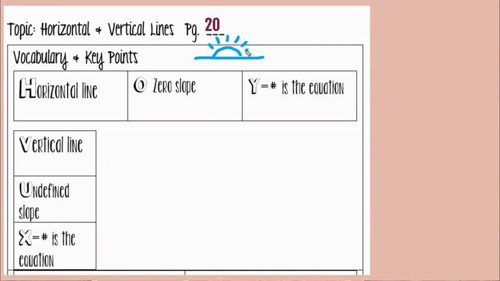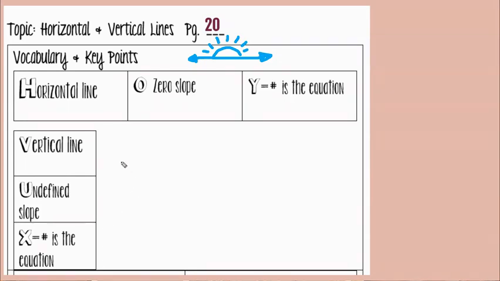Very good. You can draw that picture. I think it's super cute. So when it's a horizontal line, that means it's straight across, just like this, and that means it has a zero slope. And then the equation is y equals whatever the y value is. Whatever the y-intercept is, whatever that y value is, that'll be the equation.